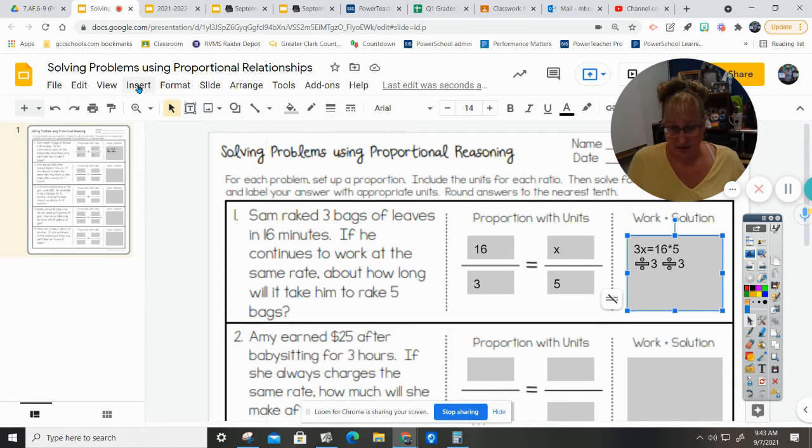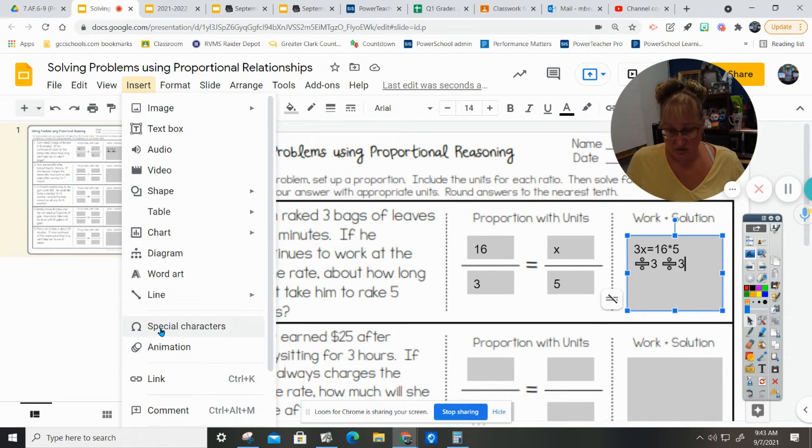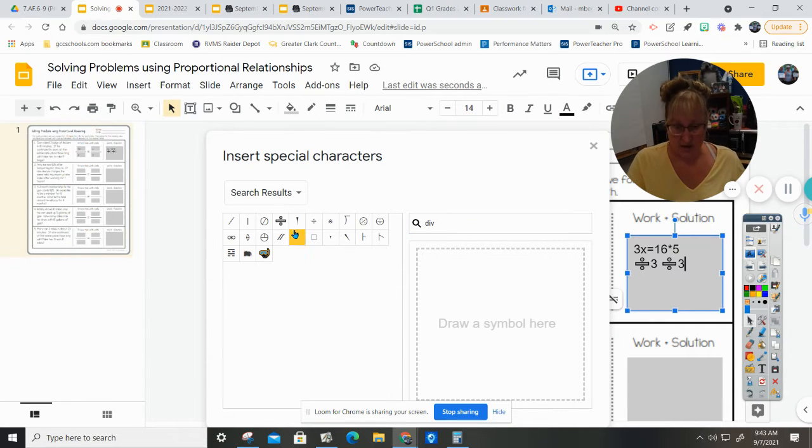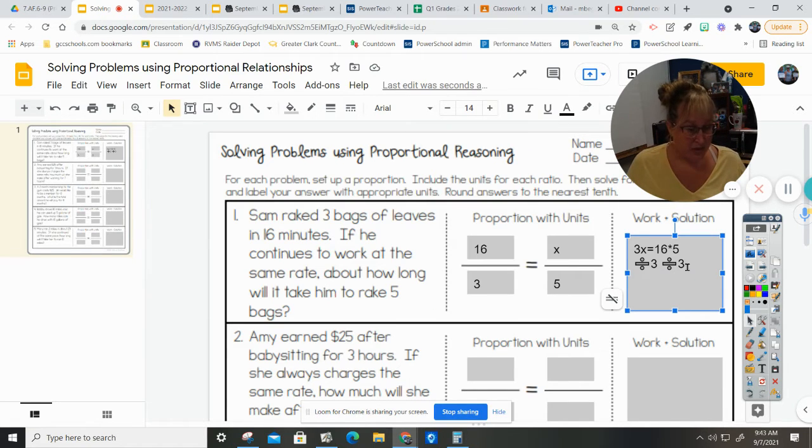But again, insert special characters, type DIV, and you'll find your little division sign. When you click it, it pops it in there. So that's how you do that. So then I'm left with x equals 80 divided by 3, which we came up with was 26 and 2/3.